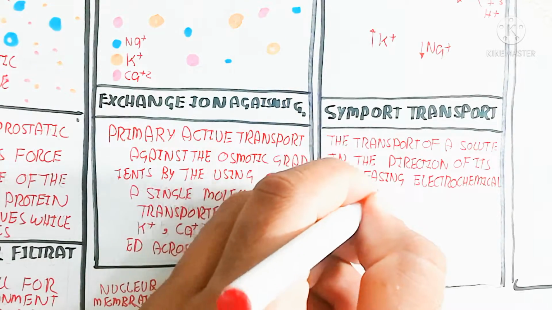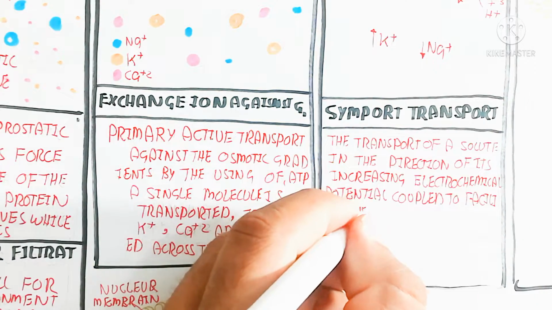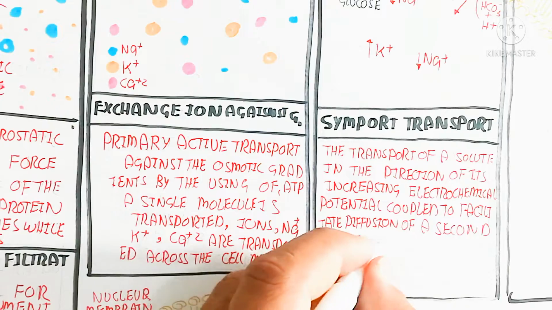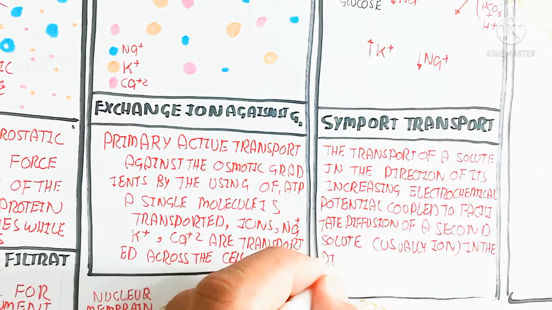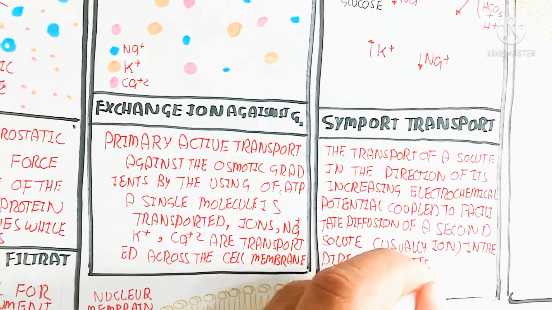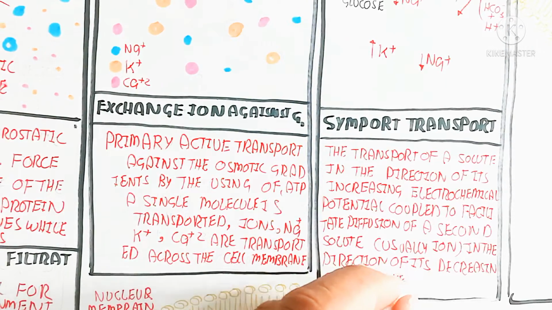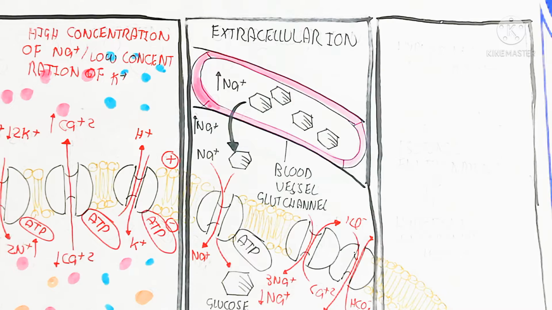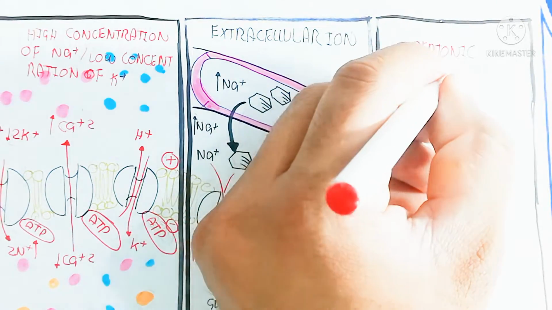That is known as symport transport with the other ion, so the coupled transportation. So what is symport transport? The transport of a solute in the direction of its increasing electrochemical potential, coupled to facilitated diffusion of a second solute, usually an ion, in the direction of its decreasing electrochemical potential.